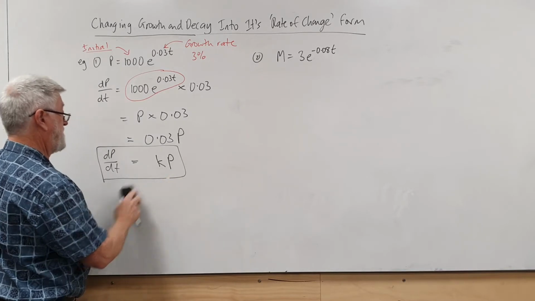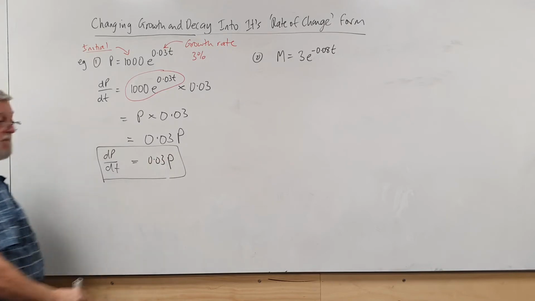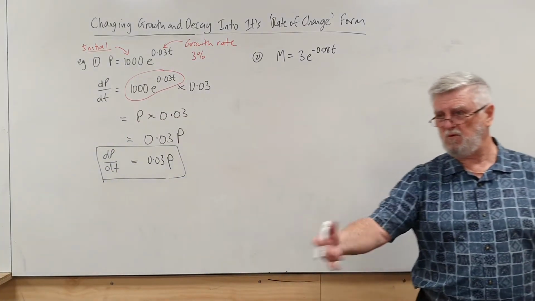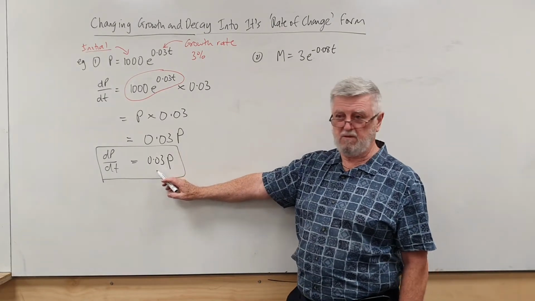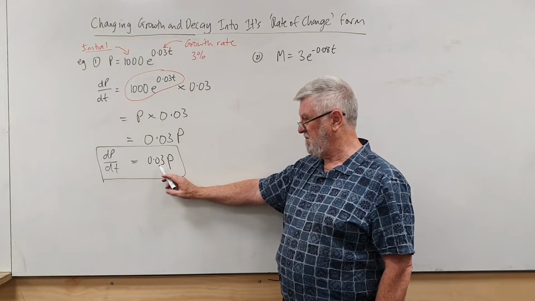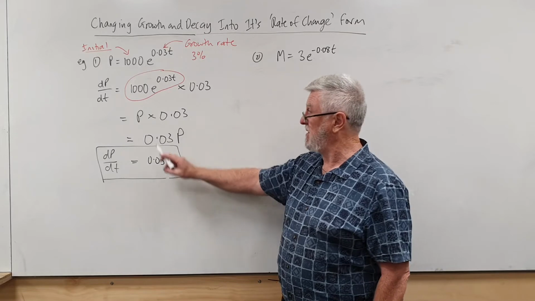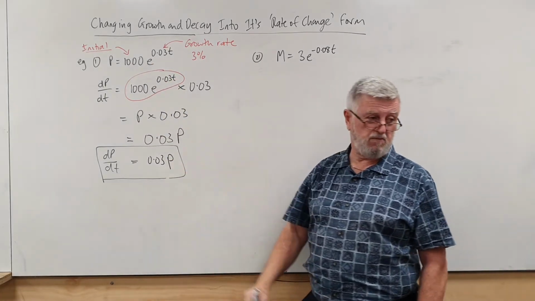So if I had a question that said this to you, 0.03, what's it doing? Growing at 3% of its population per week, per month, per year. So if Perth was growing at 3% at the moment, that's what we're saying. It's going to be 3% bigger next year. So we can go back to that one and we can say it was 3% bigger there, or we can say it's 3% bigger there.